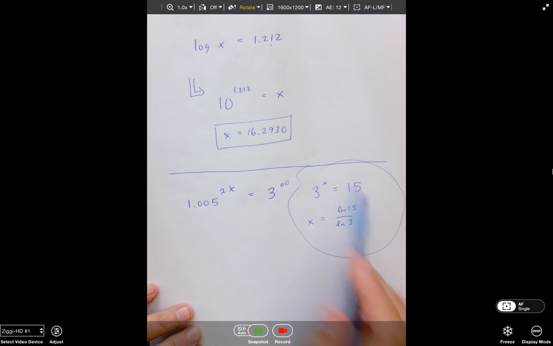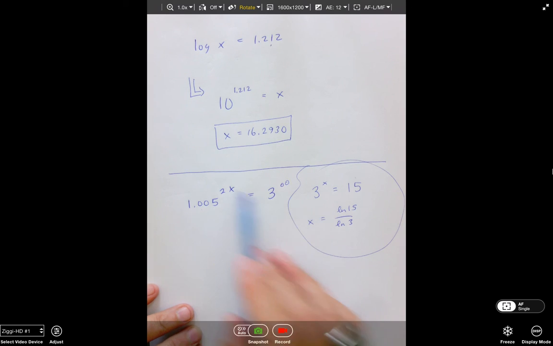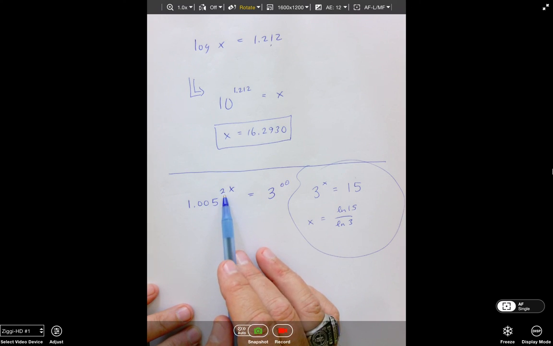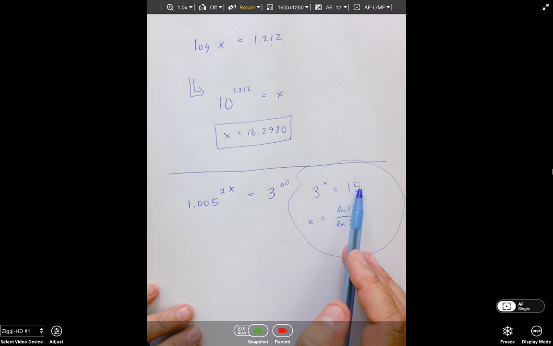So how do we apply this? What role does the 3 play? That plays the 1.005, right? What role does the x play? Well, that's replaced by 2x, so we have a little bit more work to do. And this 3 over here is the 15.